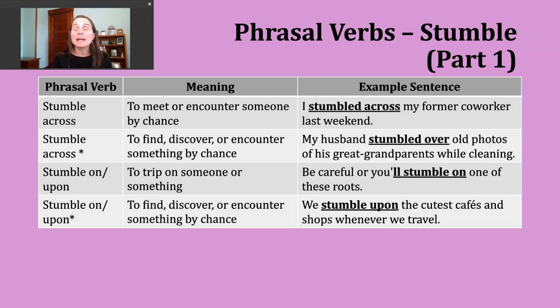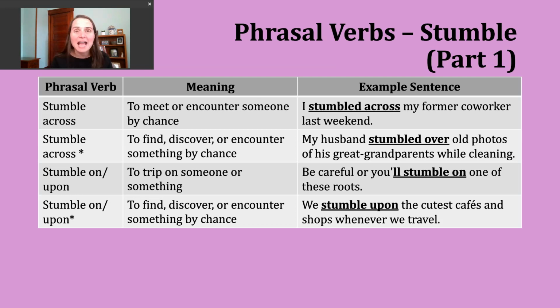Now, a second way you might hear stumble across used is to mean to find, discover, or encounter something by chance. An example of this might be, my husband stumbled over old photos of his great-grandparents while cleaning. This is another simple past tense sentence and also a true statement.